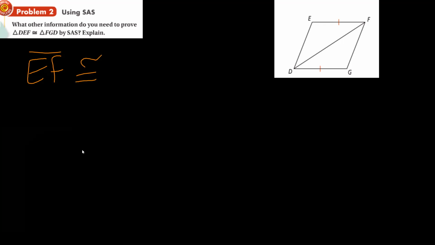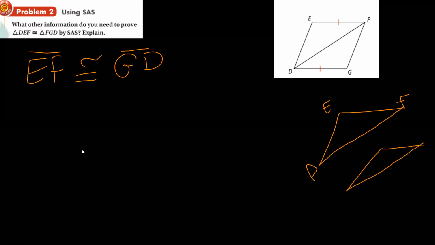To GD. They are not corresponding by letter order, because the first triangle is DEF and the second triangle is FGD. So because of that, I will say that EF is corresponding to GD. They are corresponding, so they are congruent.